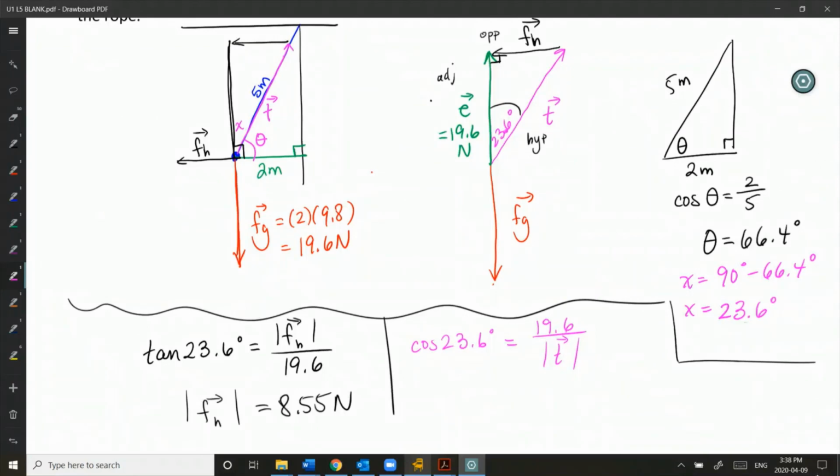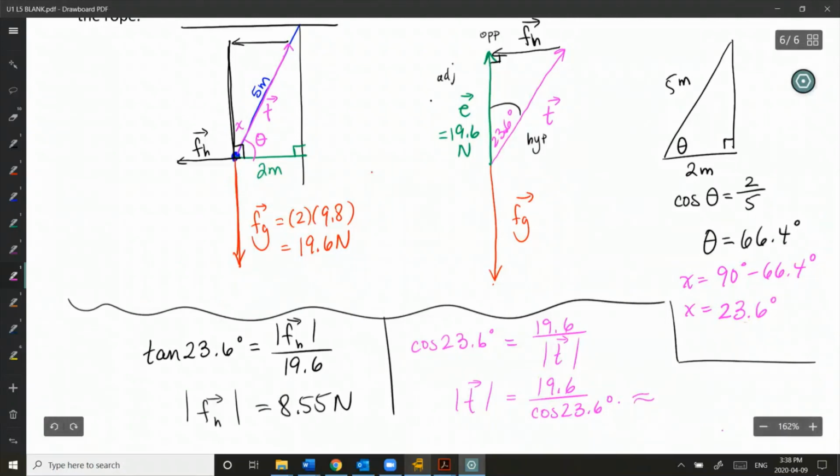Multiply the tension up, divide cosine out, and we will find this by doing 19.6 divided by the cos of 23.6. Okay, so we should get a tension that is approximately equal to 21.39 newtons. Okay, and I guess we can use the approximation symbol over here for this one as well.